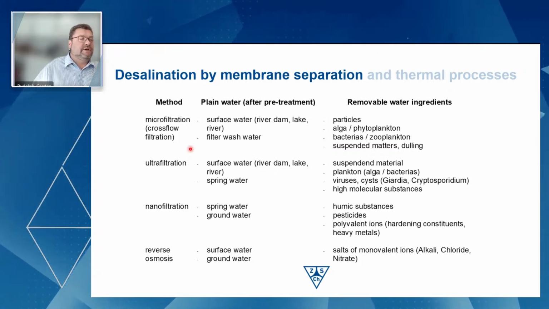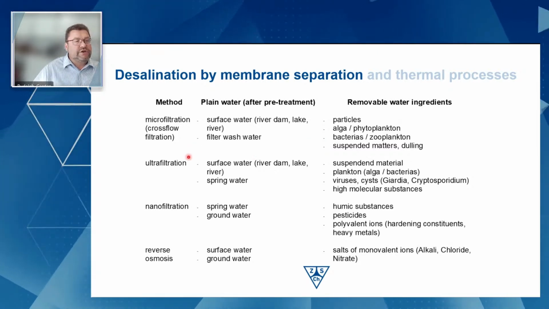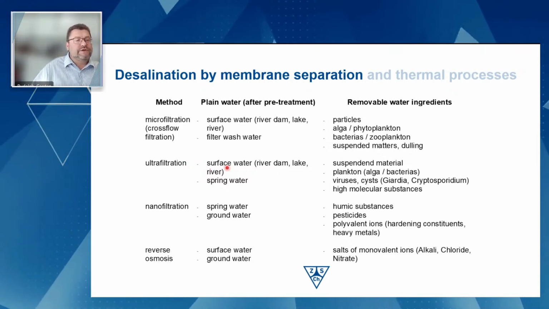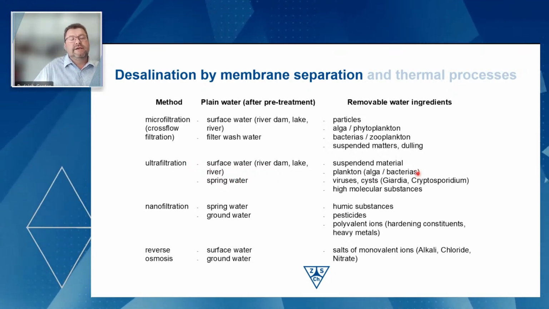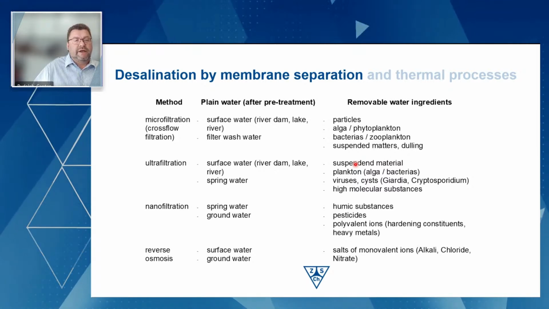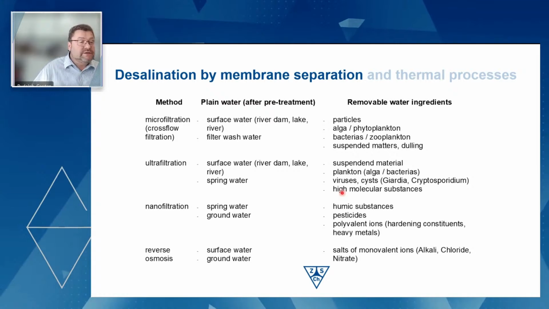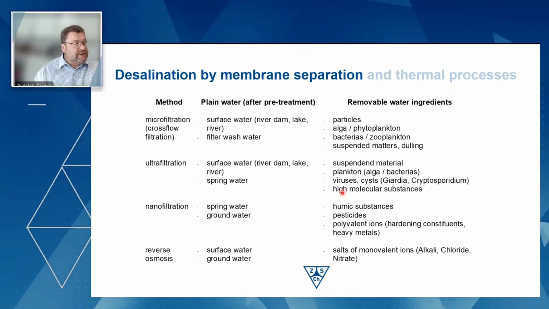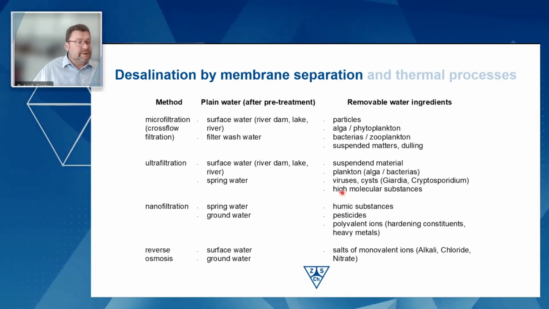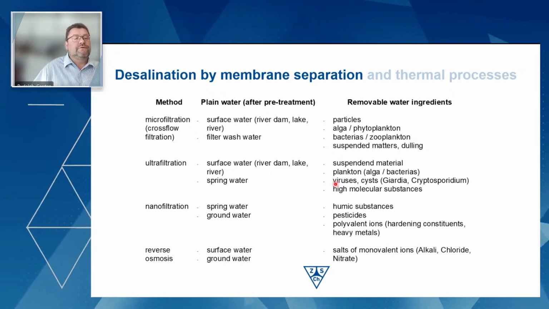The second step is ultrafiltration. Ultrafiltration is for surface water or spring water. And here, besides the suspended material, already viruses or high molecular substances are separated from the water, and by this the water can be purified.